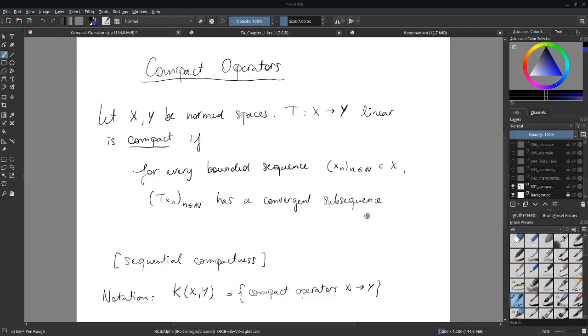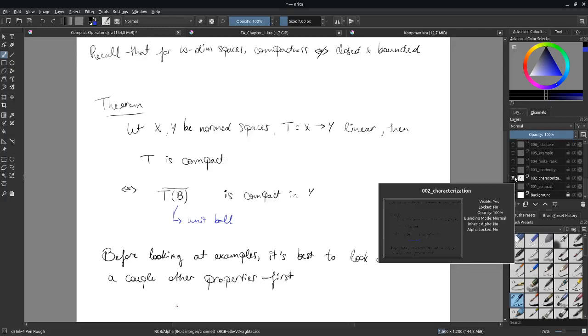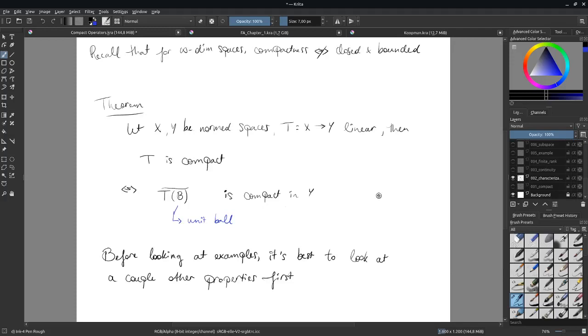We'll actually say this definition as a property. As a notation, we'll use K(X,Y) to denote the set of compact operators between X and Y, and we'll see a lot of properties about this space of compact operators. First theorem: recall that for infinite dimensional spaces, compactness is not equivalent to closed and bounded.